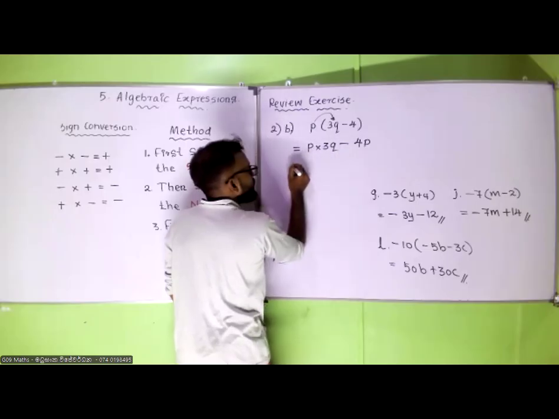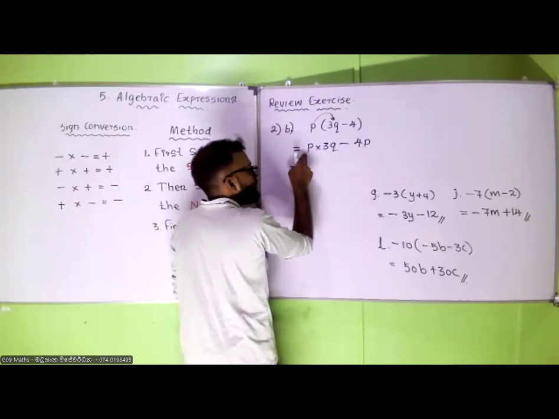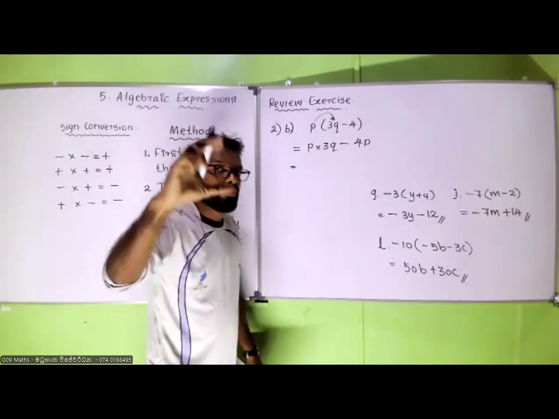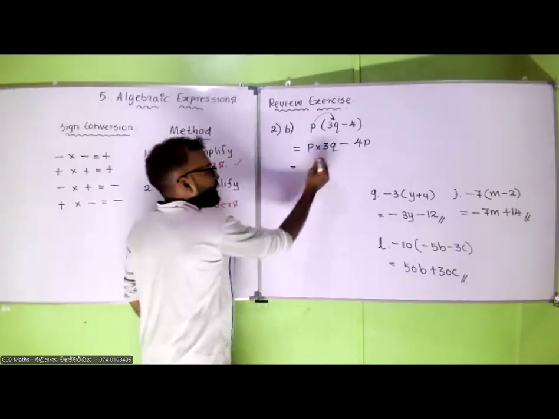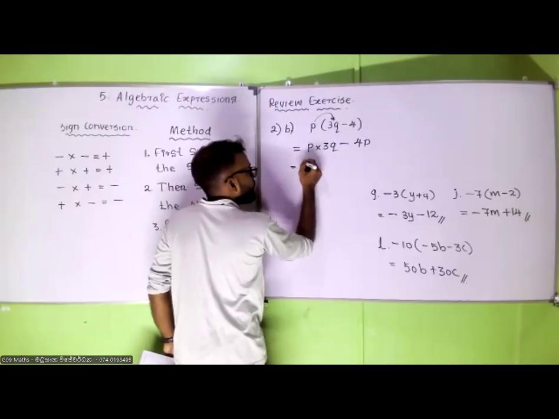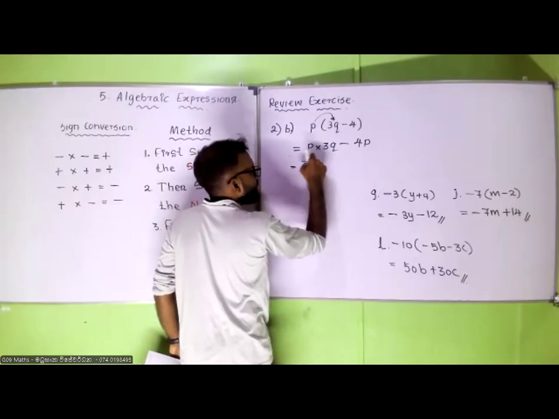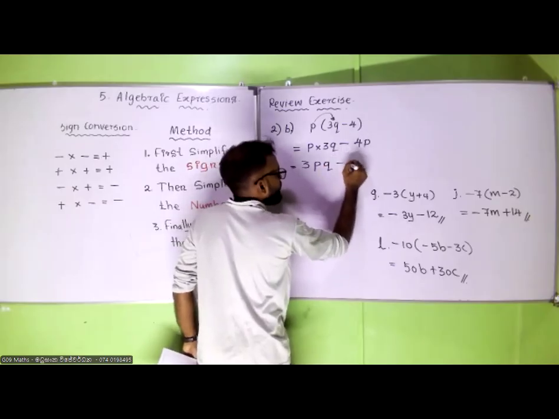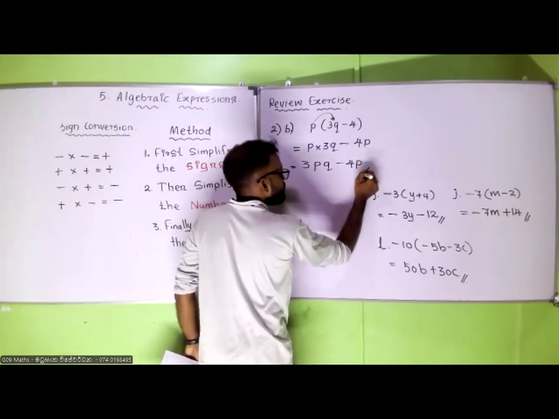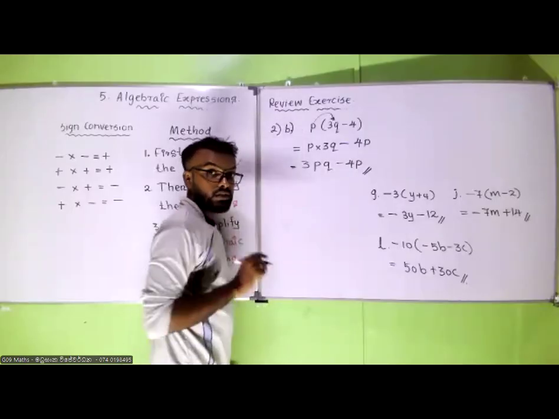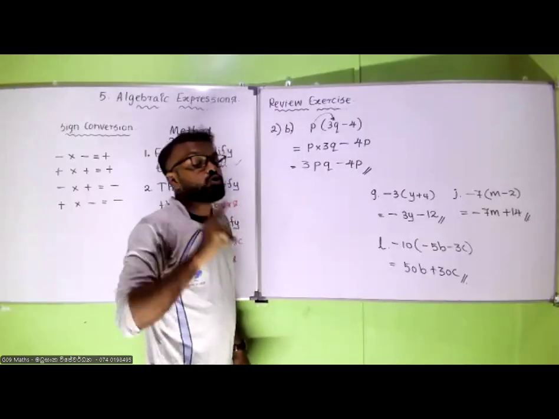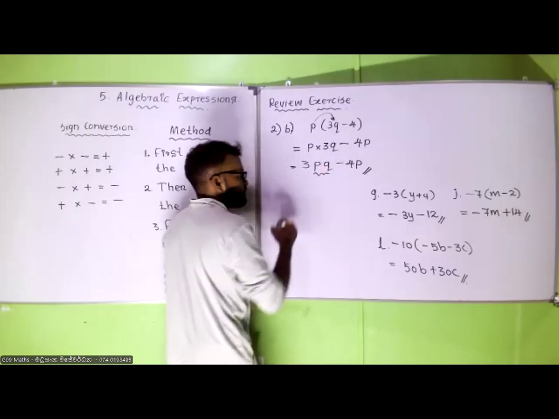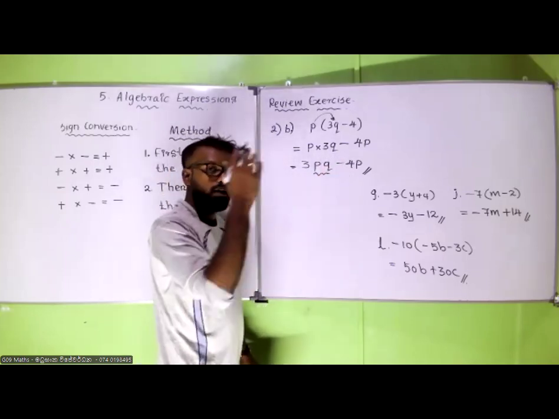So, when you are simplifying P times 3Q, the standard way of mathematics is to take your numbers to the first place: 3 times PQ minus 4P. So this should be the answer for part B. And also you need to remember when you have these kind of things, PQ.